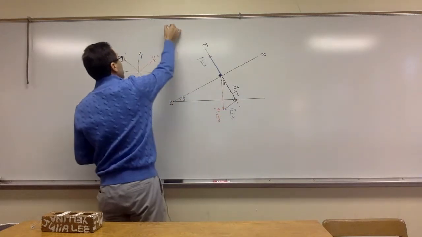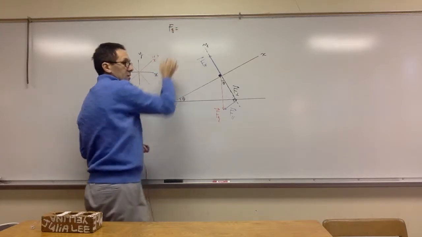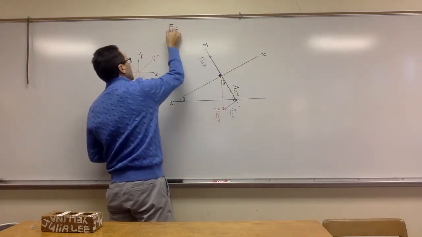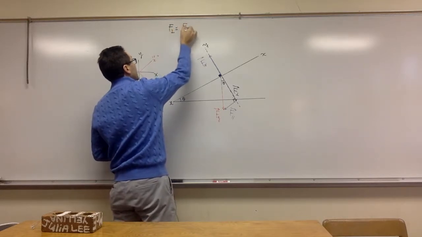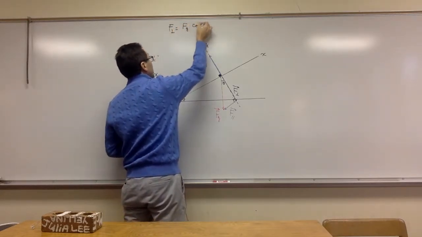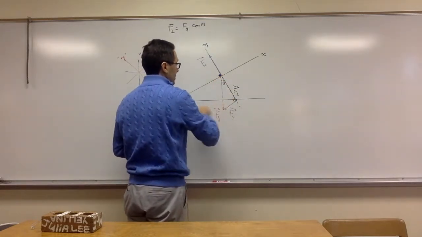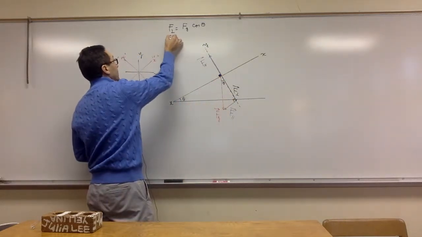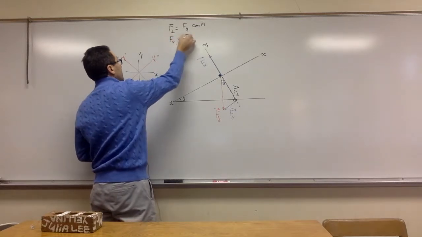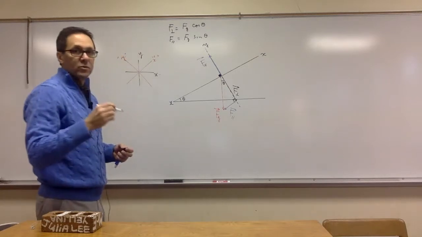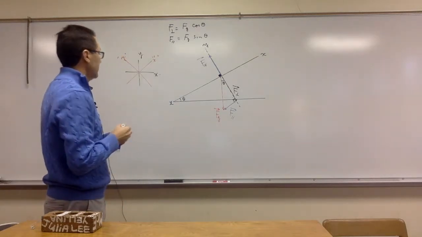So now I can write that F perpendicular is Fg cosine of that angle. You can see that, I hope. You just put yourself inside this triangle here. F parallel is Fg sine theta. And Fg is equal to mass times acceleration of gravity.